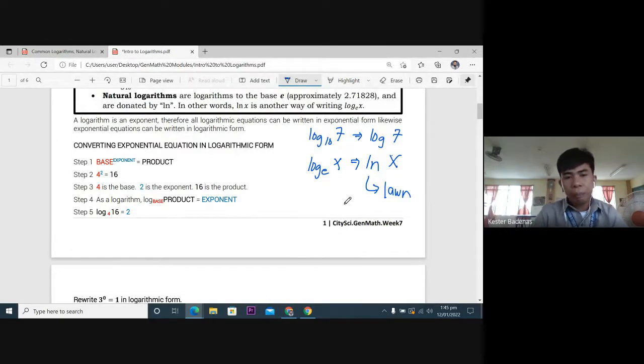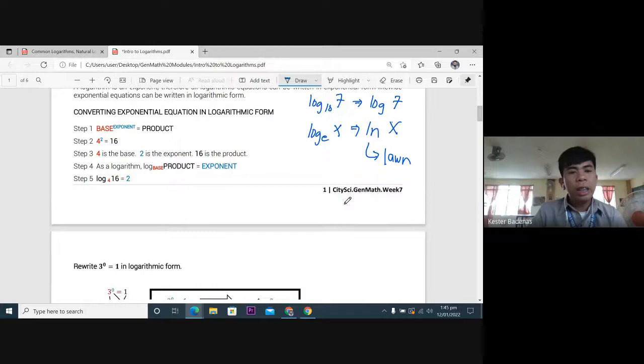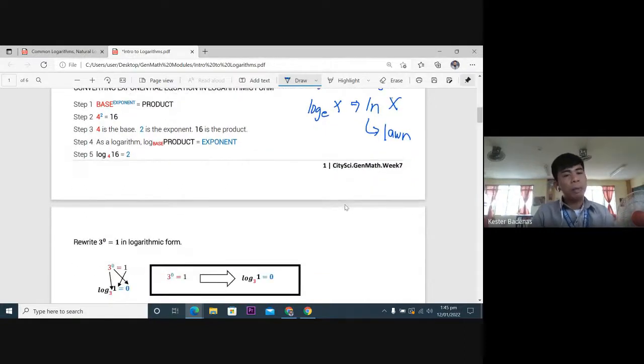So now, we will be converting exponential equation in its logarithmic form. Okay? So, step 1, may mga steps din class. This is actually basic. If we have exponential function or equation, simply identify the parts. So, we have the base, the exponent, and the product.